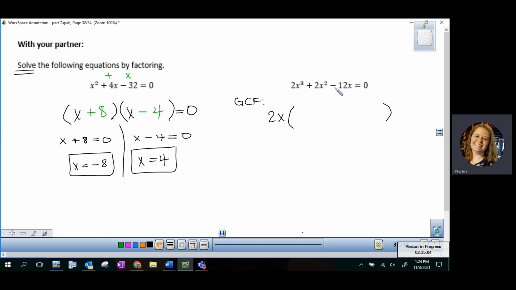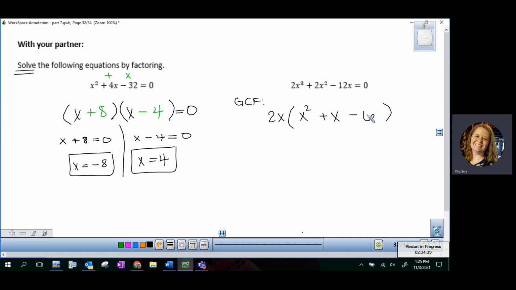Hint over here for this one, you should have started with GCF. This is not a quadratic form trinomial right now because you've got an x cubed, an x squared, and an x term. So I can factor out a 2x, which would leave me with x squared plus x minus 6.